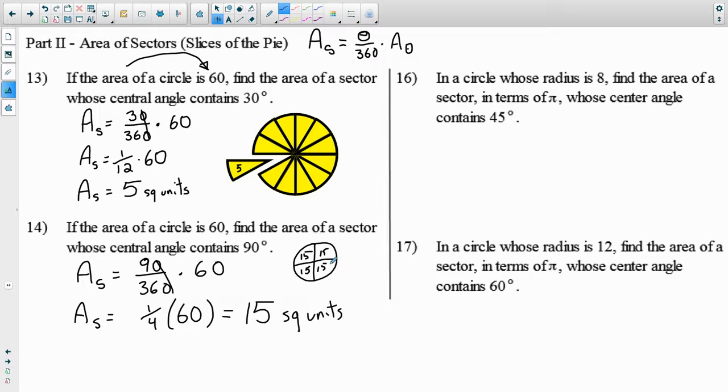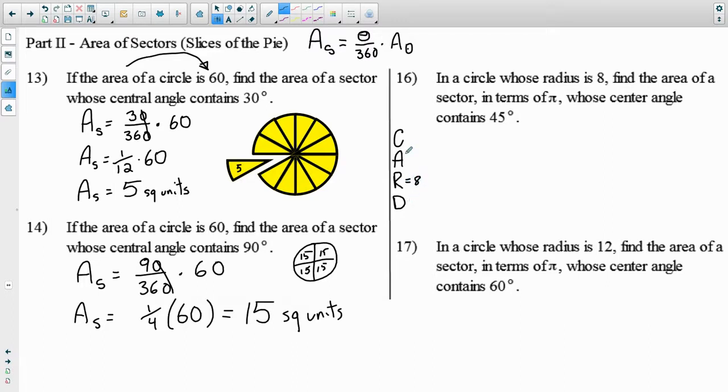Well, whenever I'm trying to find the area of a sector, I always ask myself first, what is the area of the whole circle? Can I find the area of the whole circle? This is where the card practice comes into play. Whenever they give me an element of a circle, I like to either on my scrap paper or on the side say, what are they giving me of the circle? They're giving me just the radius.